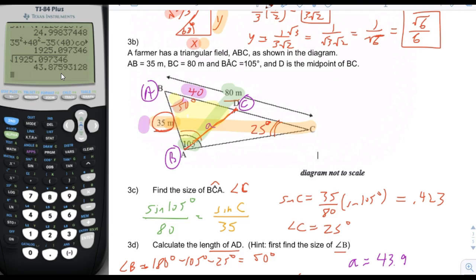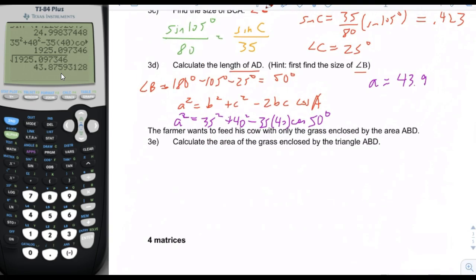Remember that if you know the purple 50 degrees, the purple 40, and the purple 35, you can use the formula A equals 1/2 ab sine C to calculate the area of the triangle without even finding the base and the altitude or height. That's cool. Let's do that.